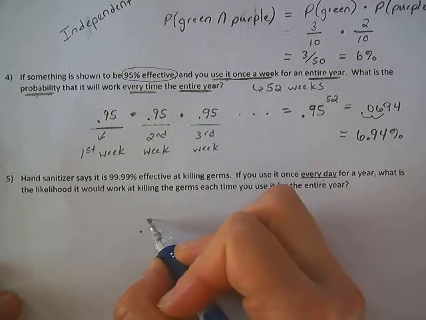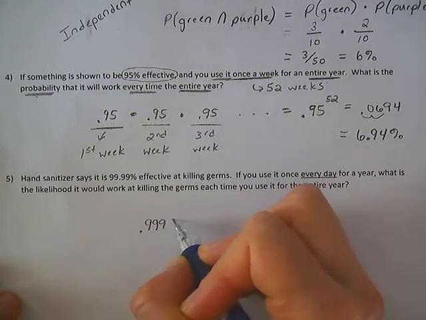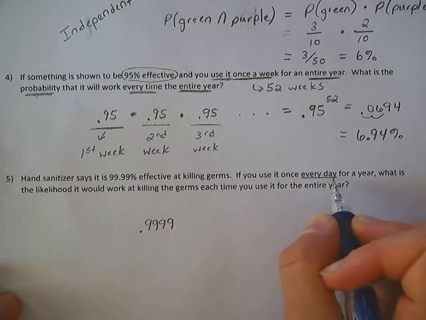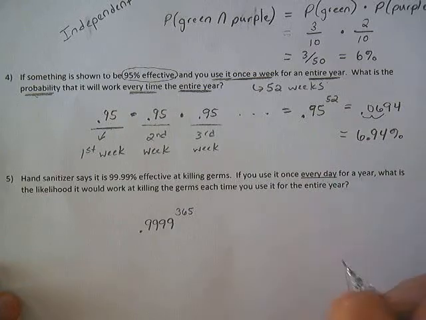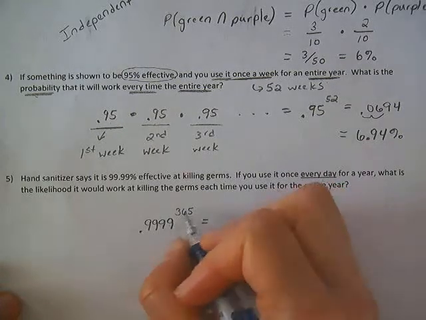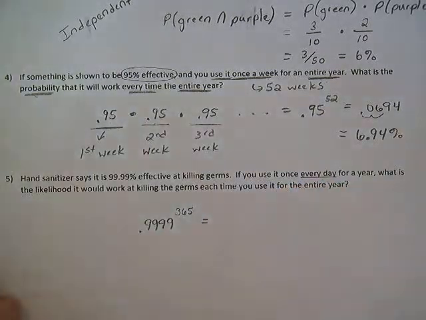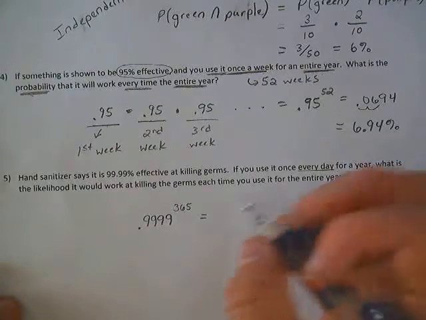So it'd be 0.9999. And you're using it every day, so that would be 365 times in that year. And so you multiply that times itself 365 times. A quicker way of doing that would be to bring it to the 365th power.